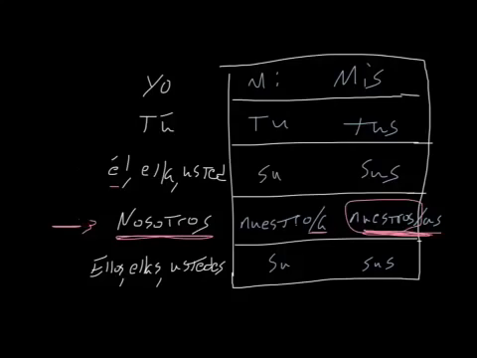Let's say that we want to say he is your teacher, and he's the teacher of all of the students. So we have more than one student, and so that's going to be ellos. Okay, and how many teachers do we have? We have one, so it'd be es su profesor.